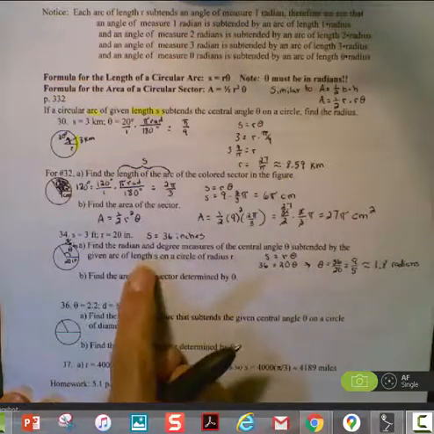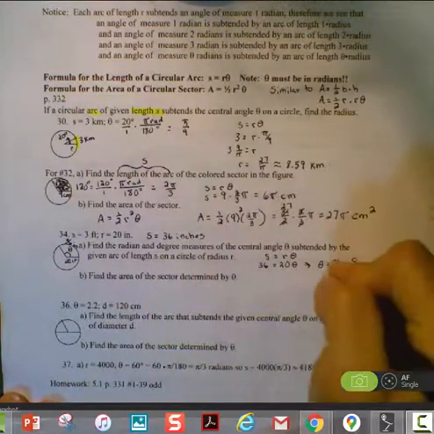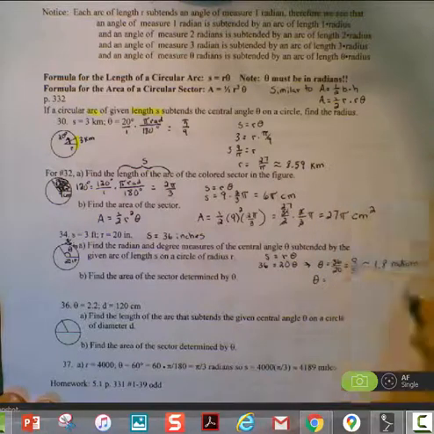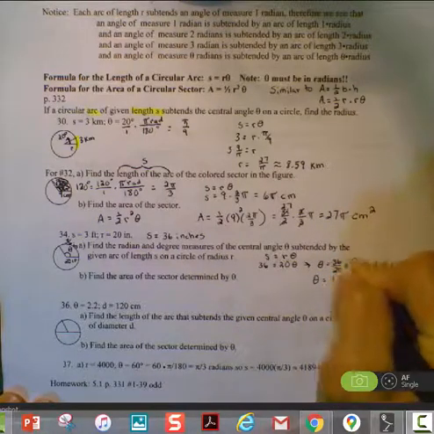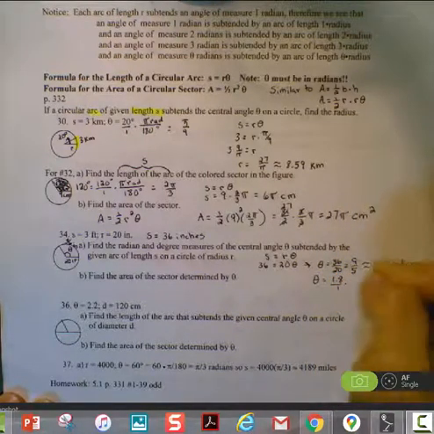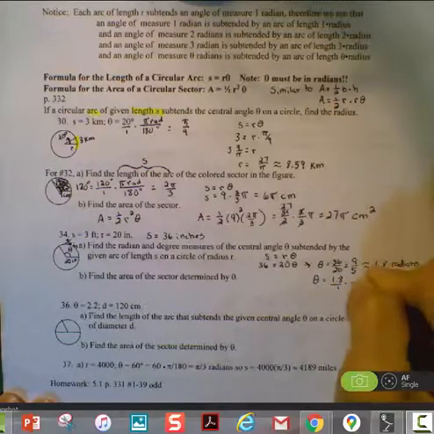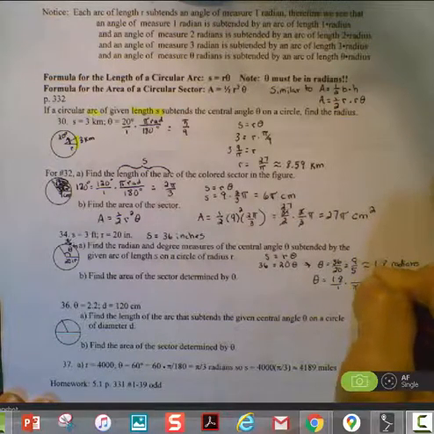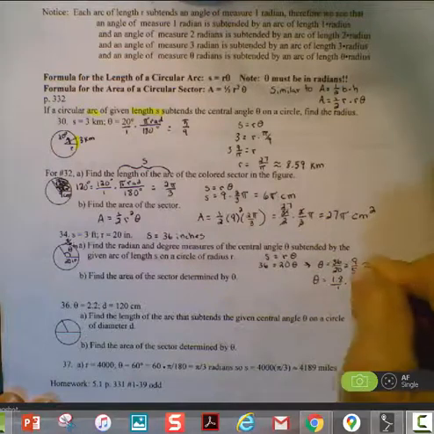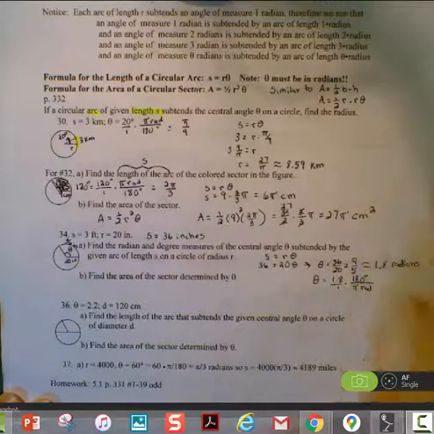Since the direction said give the degree measure also, we're going to say 1.8 radians times 180 degrees in the numerator over pi radians in the denominator.